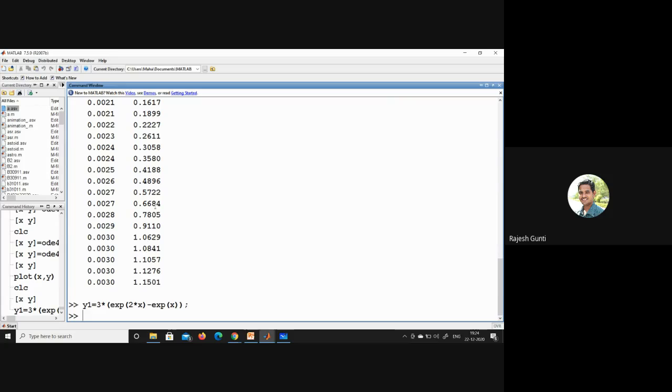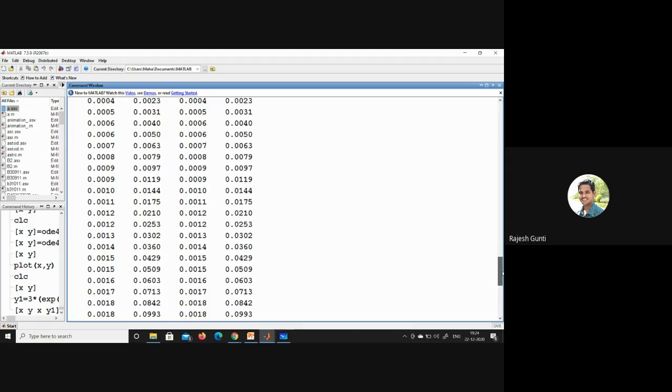These y values are MATLAB solution values. I want to compare. The first is x, y, the MATLAB solution value. Then x comma y1, the analytical solution.